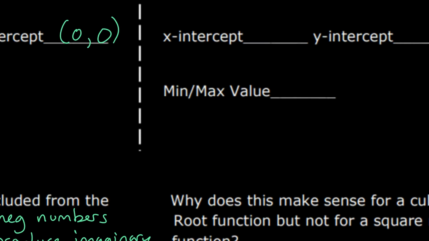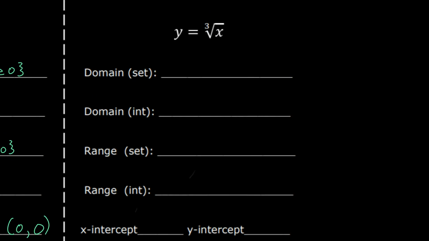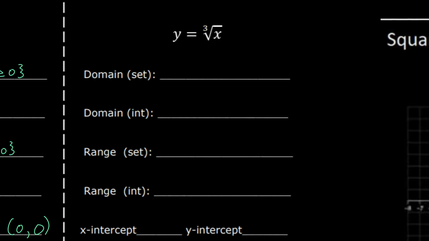Let's go back up to the domain and set notation for a cube root. What is the least value for a cube root? Negative infinity. And what's the max value? Positive infinity. So guess what? It's all real numbers. And for a cube root, the domain and range will always be all real numbers.